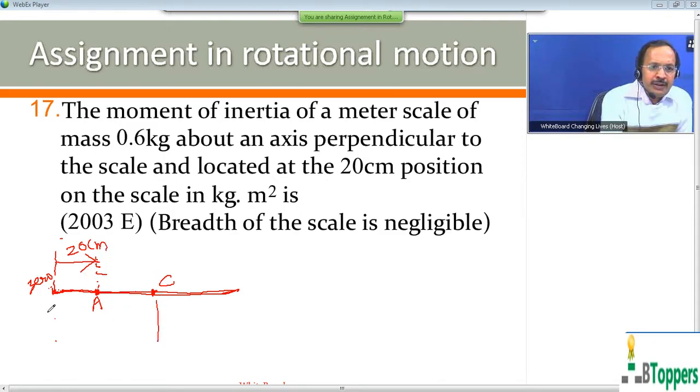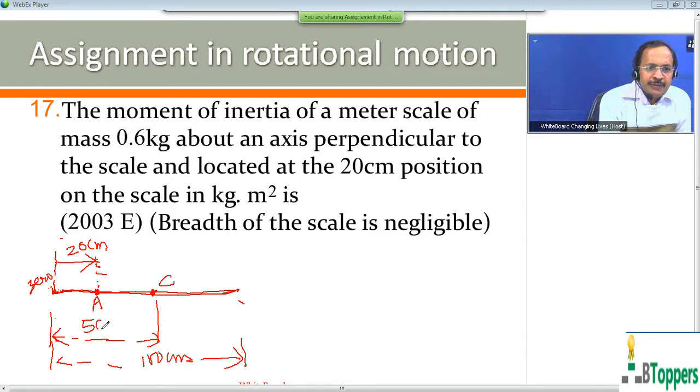See the center of the scale, C. The total length of the scale is 1 meter or 100 centimeter, so the distance from the center of the scale to one of the ends will be 50 centimeter.